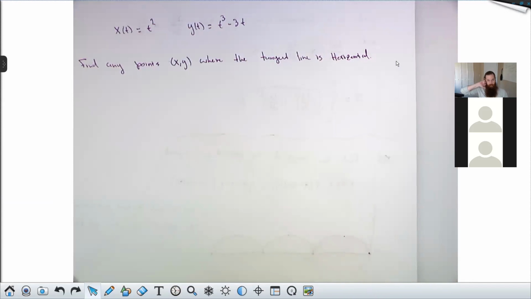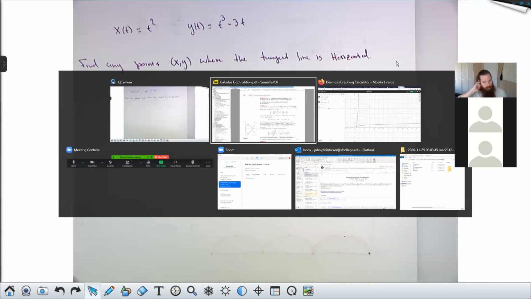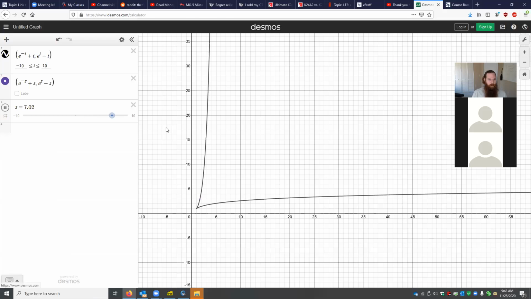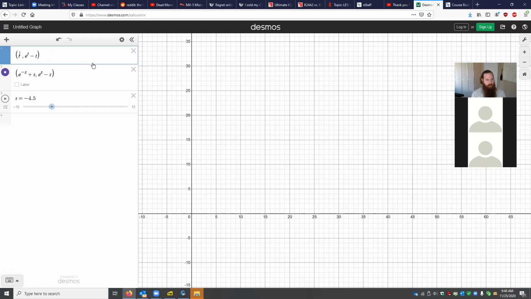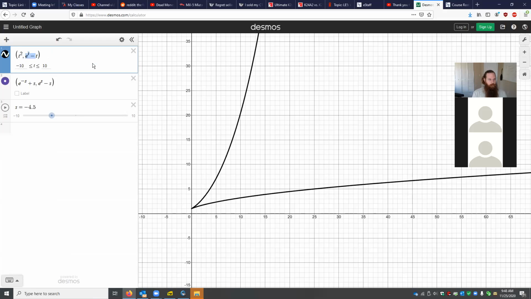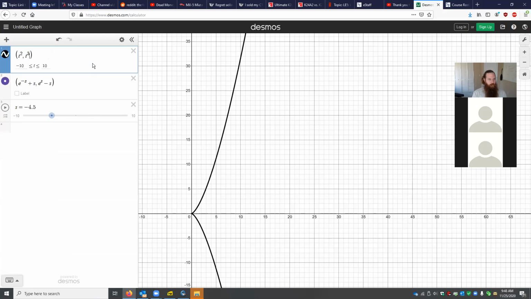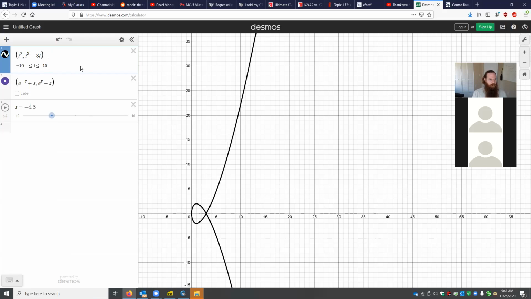Now, just for fun, I'm going to plop this into Desmos. t squared, t cubed minus 3t. We can take a look at it. Pause this. So my x function here is just t squared. My y function here is t cubed minus 3t.